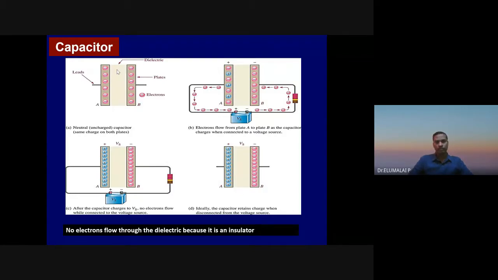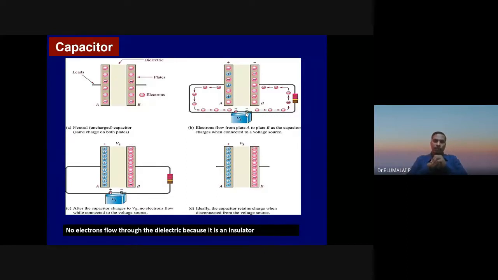charges. Then you take one plate and connect it to one lead, the positive terminal of a voltage source. Another plate you connect to the negative terminal of the voltage source. When I say voltage source, there can be a flow of current also. If there is any voltage difference, there will be a flow of current, as you know. So now both the metal plates are connected to the voltage source.